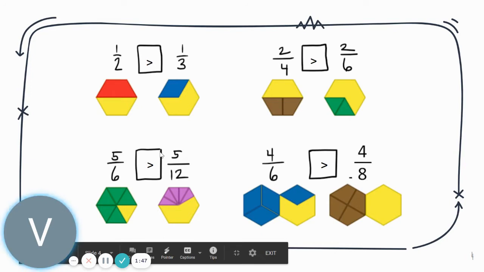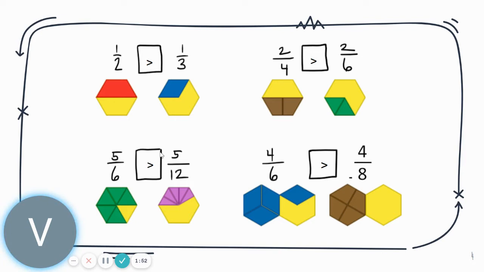So we have 1/2 is greater than 1/3, 2/4 is greater than 2/6, 5/6 is greater than 5/12, and then 4/6 is greater than 4/8. If we look at 1/2 compared to 1/3, the 2 is smaller than 3, and that means that we will have to cut the pizza less to have that amount of pieces.